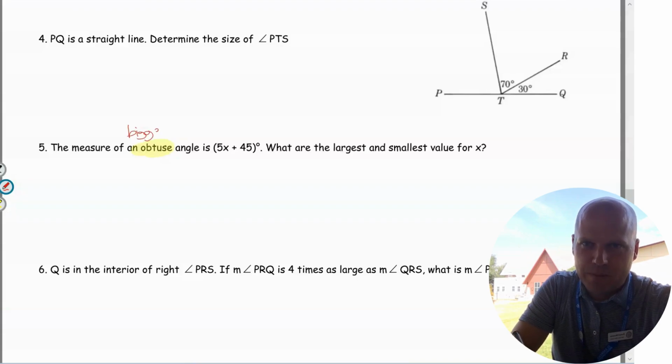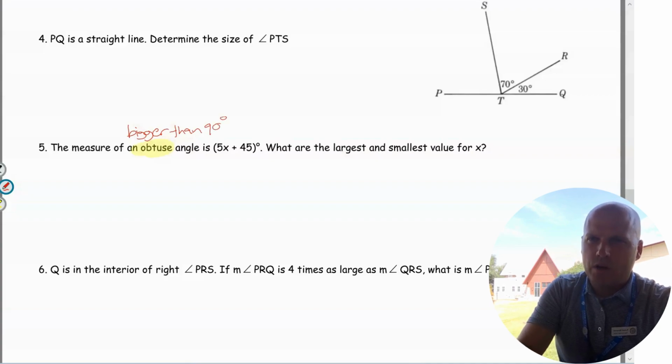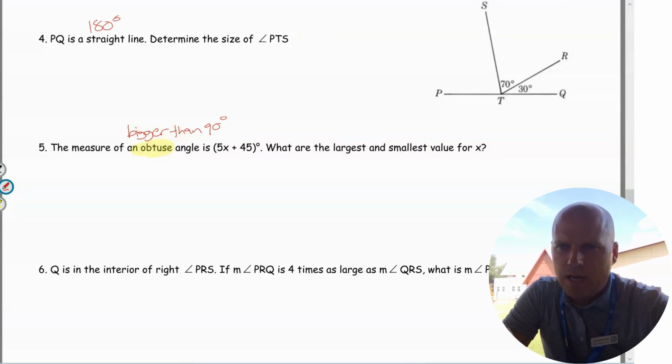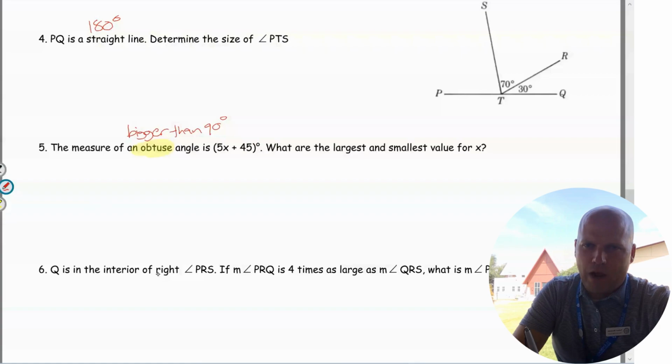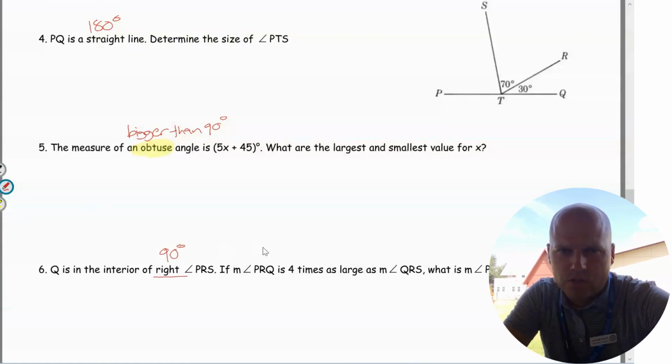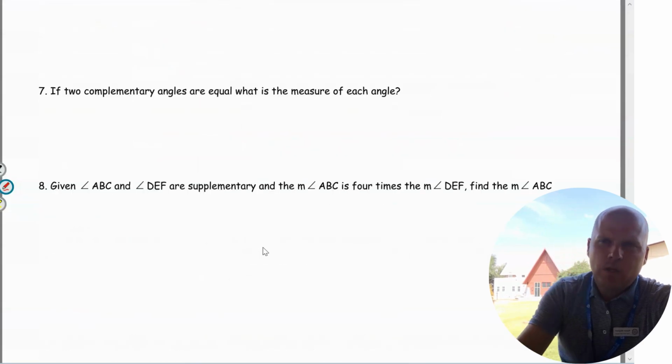I'm literally just going to keep it simple, bigger than 90 degrees. We know that straight lines are 180 degrees. That's good to know. Right angles are 90-degree angles. These are all important things to know.